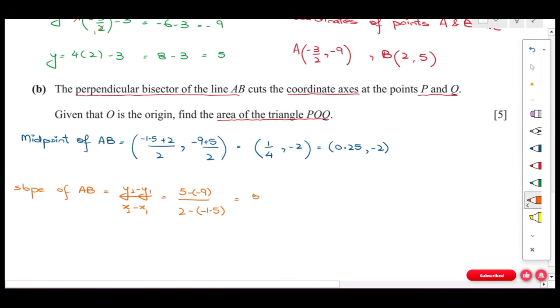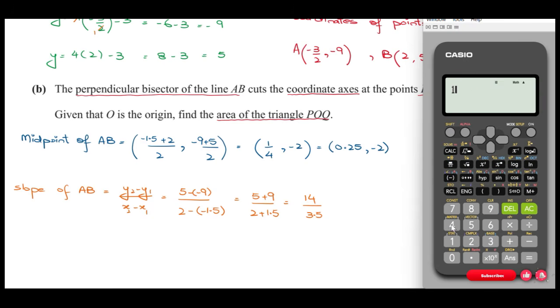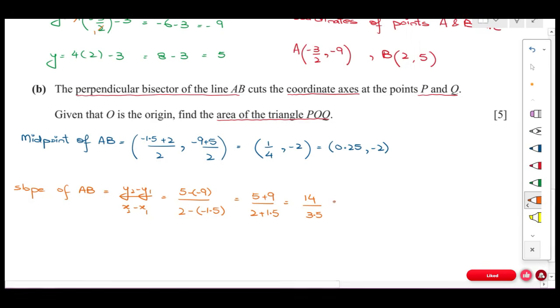So here we have 5 plus 9 divided by 2 plus 1.5. Okay, so 9 add 5 is 14, and 1.5 add 2 is 3.5. And what is 14 divided by 3.5? 14 divided by 3.5 is 4. This is the slope of AB.